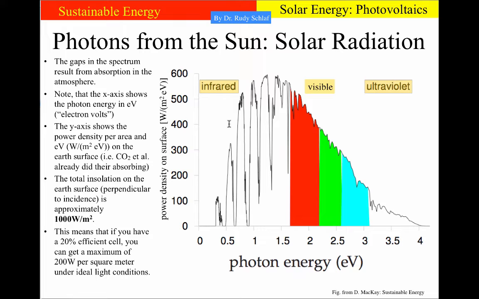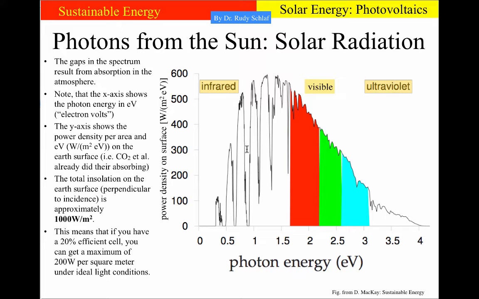And so we see here we have this fairly continuous spectrum composed of the infrared range at low photon energies and the ultraviolet range at higher photon energies, and in between we have the visible range here from red to blue.